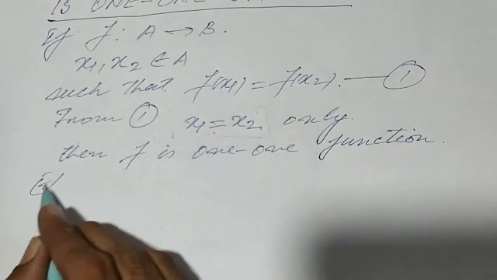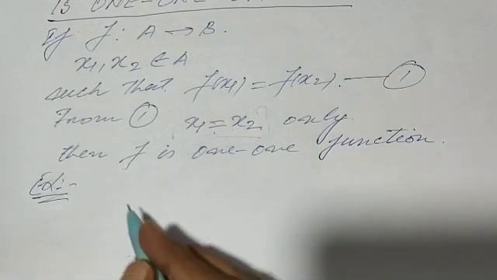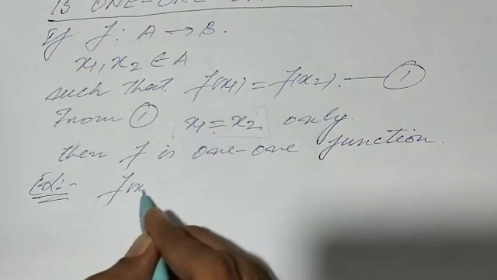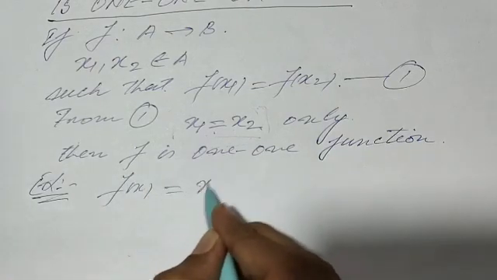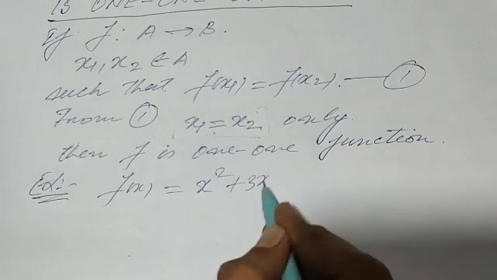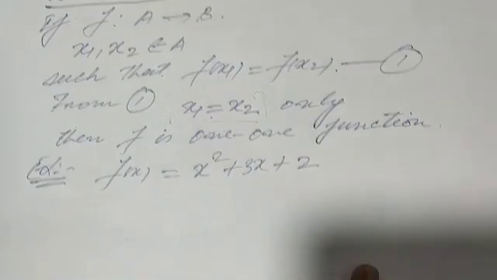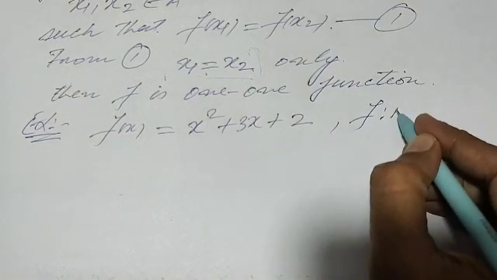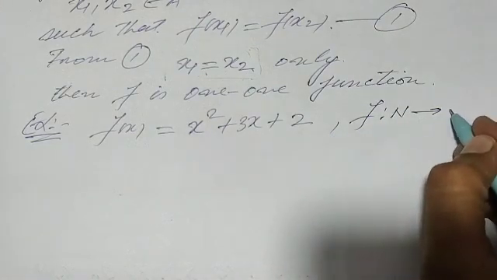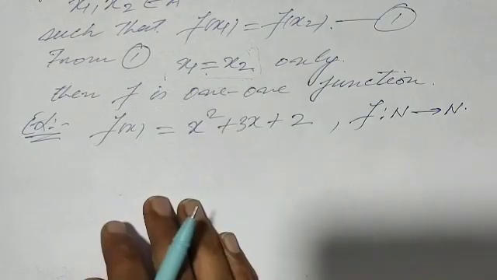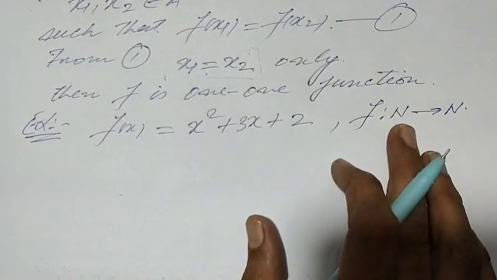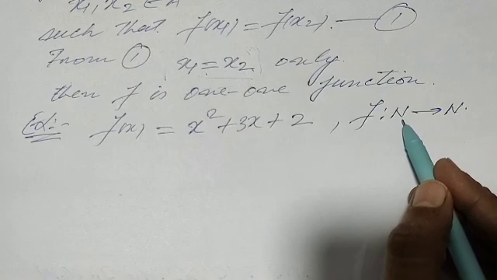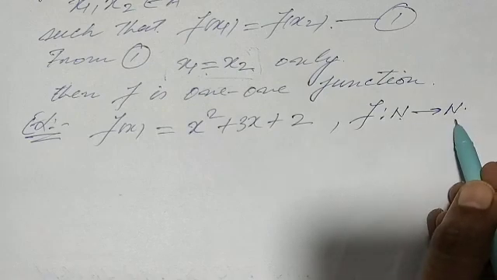So let us take an example for understanding this. For example, f(x) is equal to x squared plus 3x plus 2. And f is defined from the set of natural numbers to the set of natural numbers, N to N, where N is the set of natural numbers. So the domain is the natural numbers and the codomain is also the set of natural numbers.